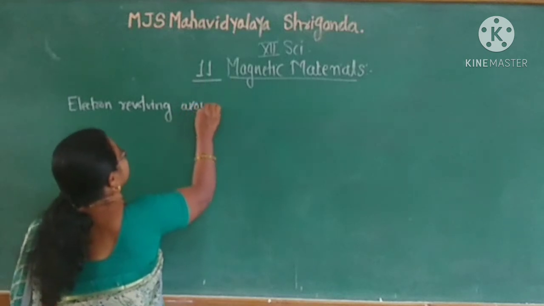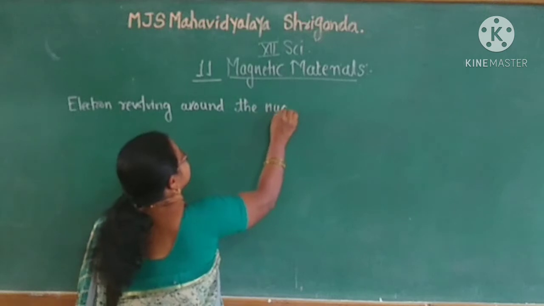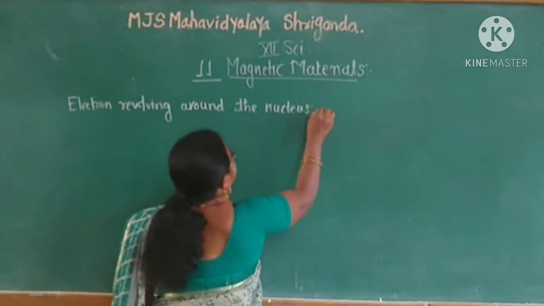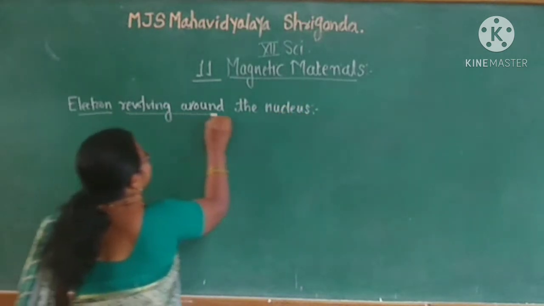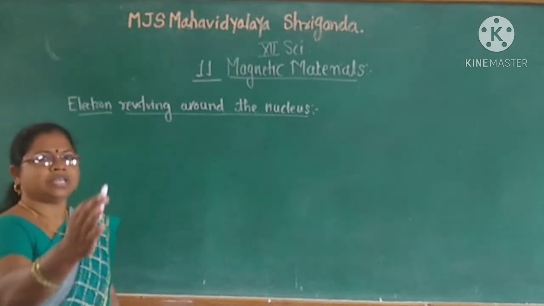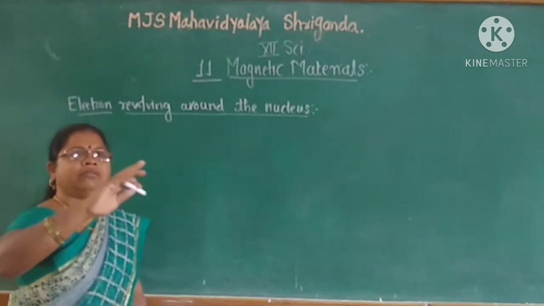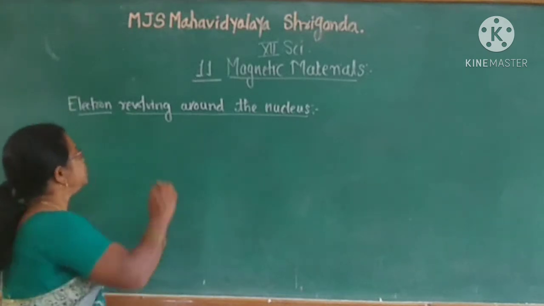So next one more, that is electron revolving around the nucleus. In this positively charged nucleus, around it the negatively charged electron is revolving.